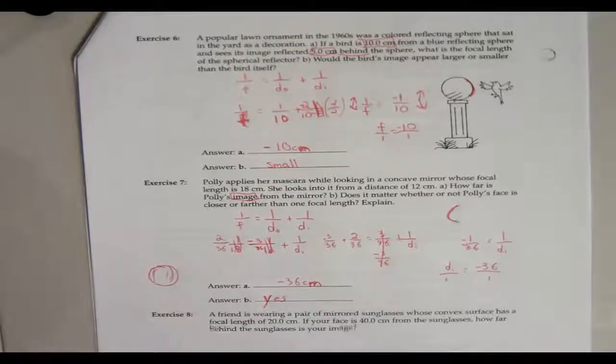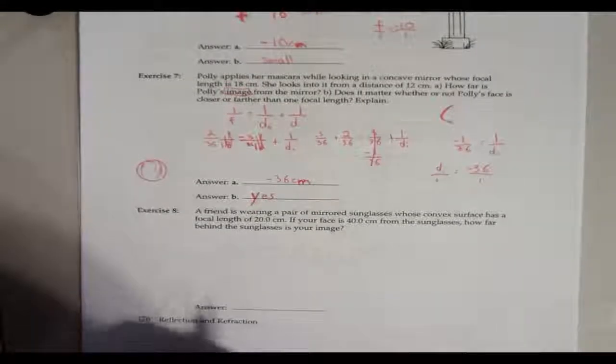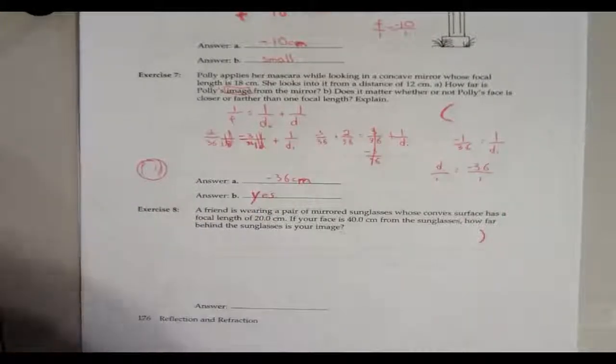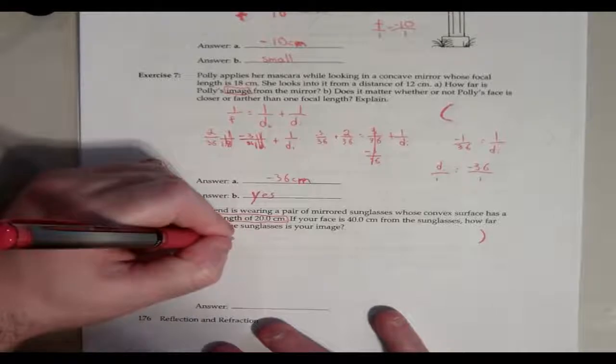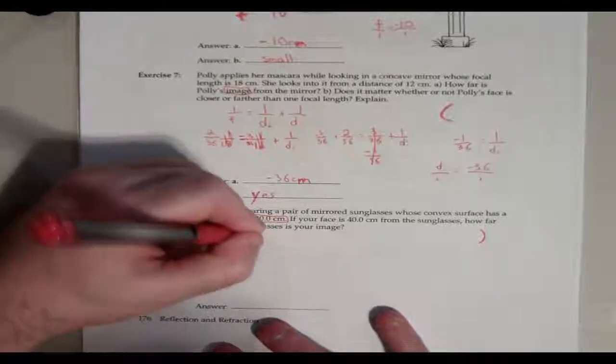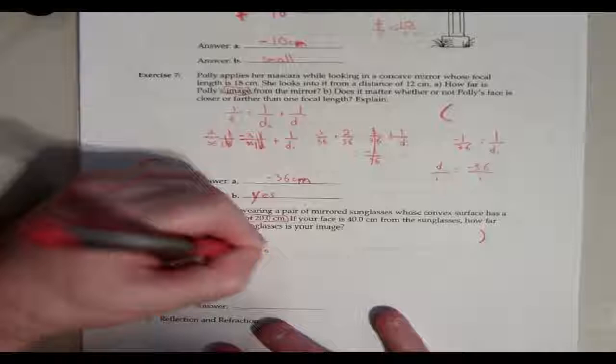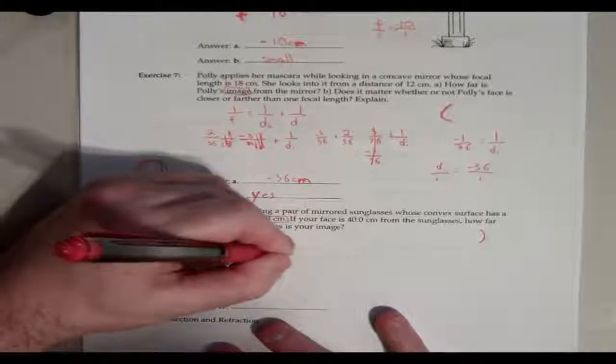Okay? All right, let's do number 8. Let's keep on going. A friend is wearing a pair of mirrored sunglasses whose convex surface has a focal length of 20 centimeters. So we have the focal length. So let's just straight up write our formula. 1 over focal length equals 1 over the object distance plus 1 over the image distance.